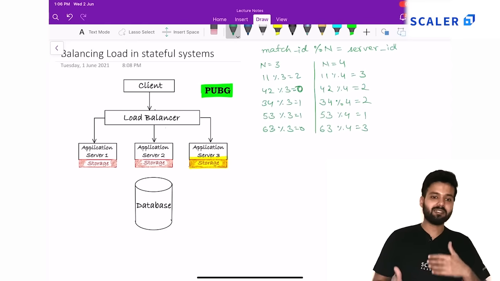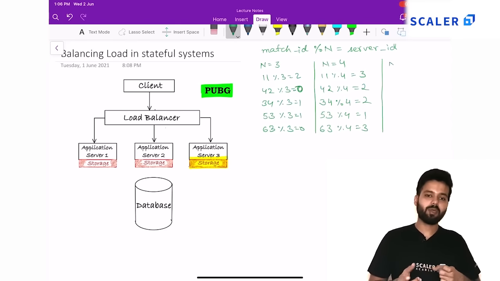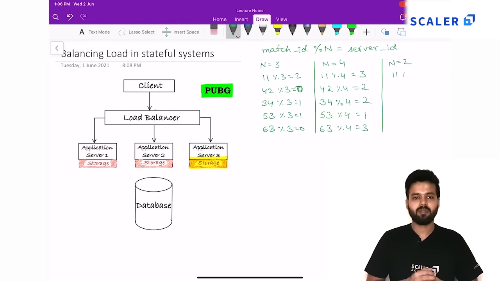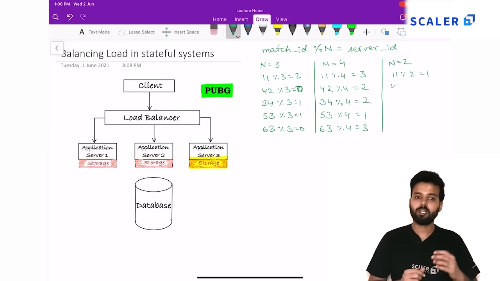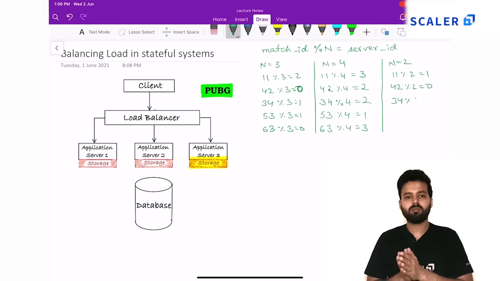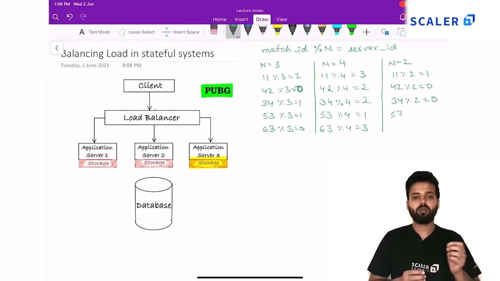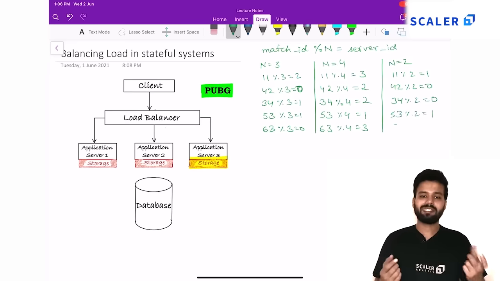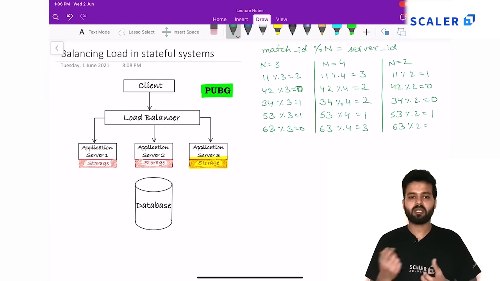Now let's consider the other case where we are removing one instance from the cluster. 11 mod 2 is 1, 42 mod 2 is 0, 34 mod 2 is again 0, 53 mod 2 is 1, and 63 mod 2 is again 1.